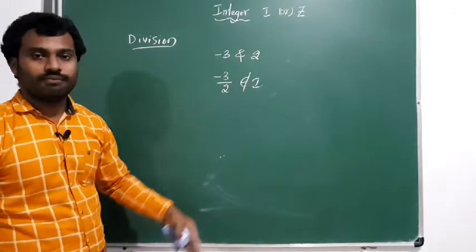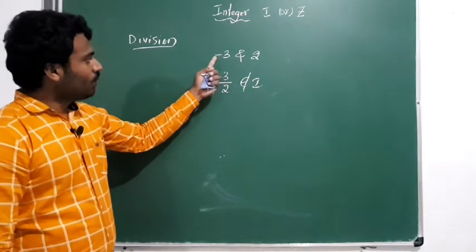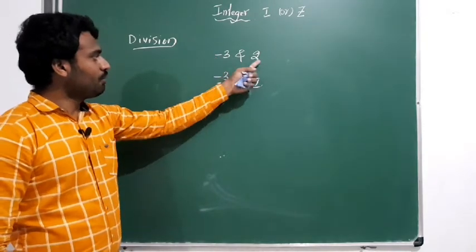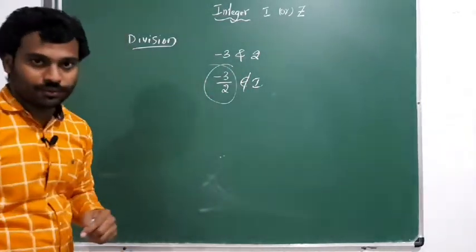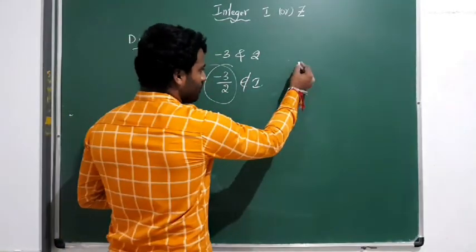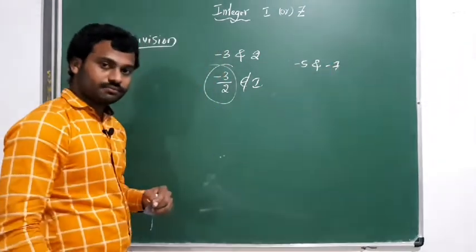Clear or not? Let us see what are the variations in the division. See, one positive, one negative. If we are dividing this, the total answer is negative. Clear or not? Suppose in the same case -5 and -7.